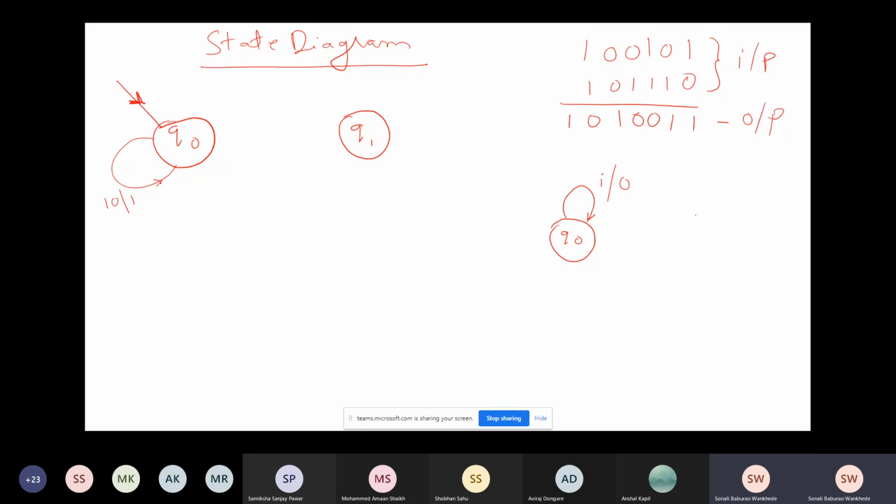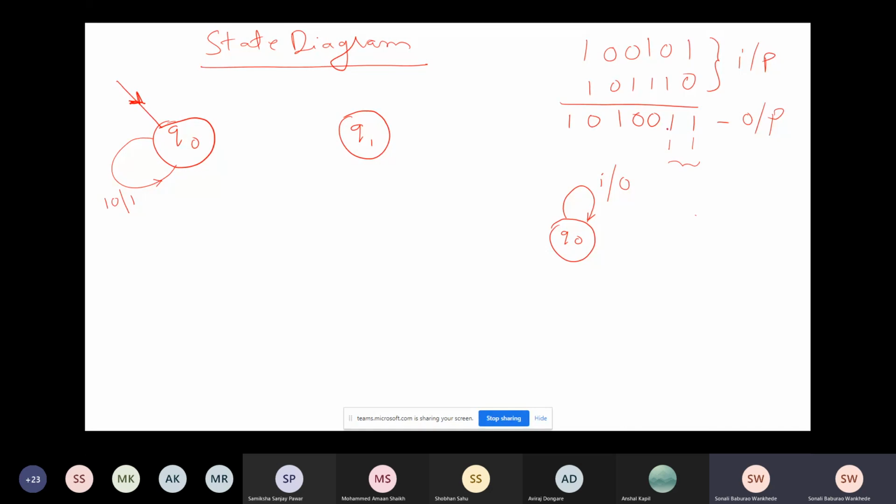Now why? Check the output here. Initially you always begin with the initial state. The output here is 1, so you have to show that particular output in the same state. Why? Because there is no change in the value. Initially you are getting 1, so we show it as it is in Q naught, your initial state.